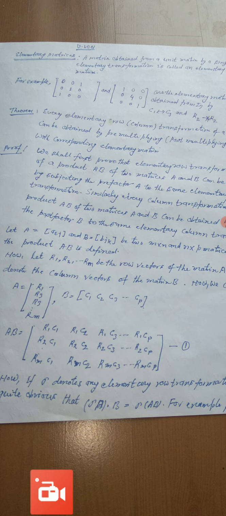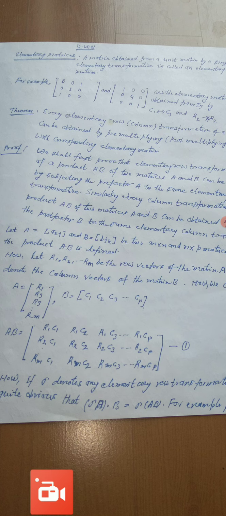Now we will prove this theorem. Proof: we shall first prove that an elementary row transformation of a product AB of two matrices A and B can be obtained by subjecting the prefactor A to the same elementary row transformation.